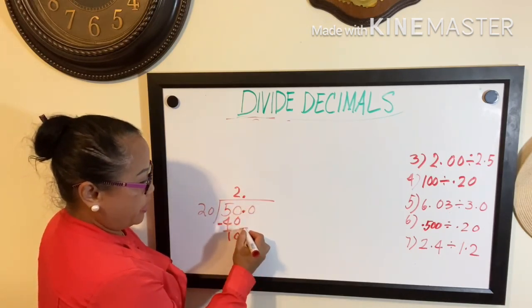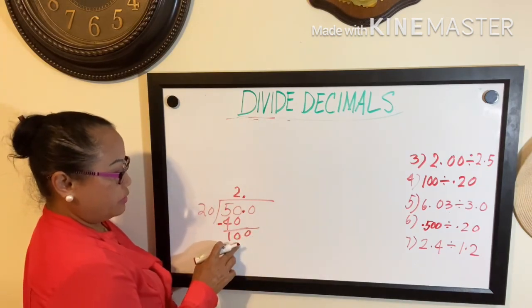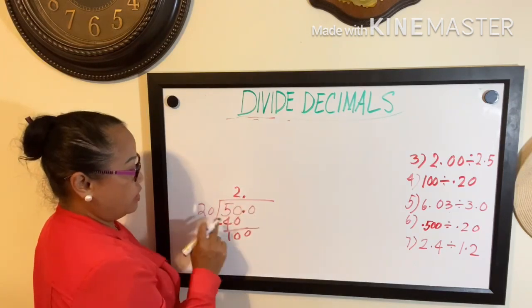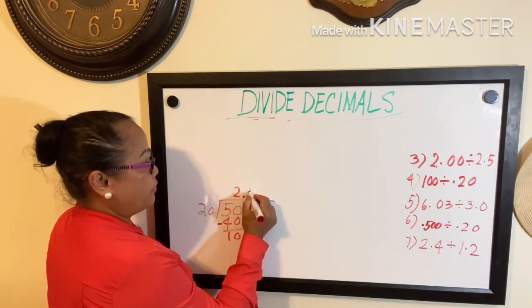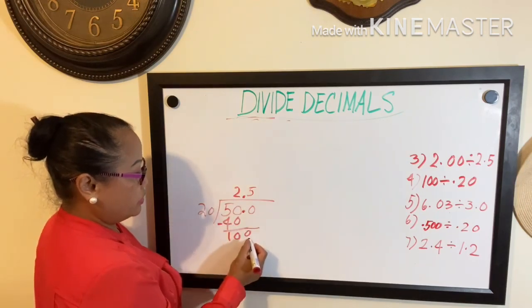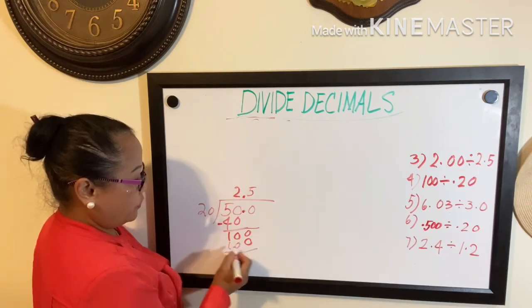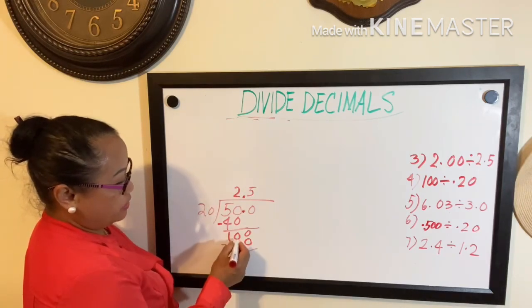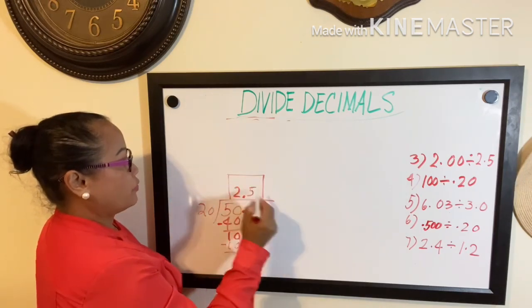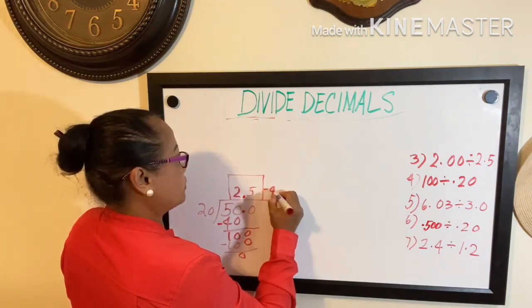So that 0 we will bring down here. So now 100 divided by 20, how many 20s in 100? There are 5. So 5 times 0 is 0. 5 times 2 is 10. So now we can subtract. 100 minus 100 is 0. So our final answer is 2.5. This is our quotient.